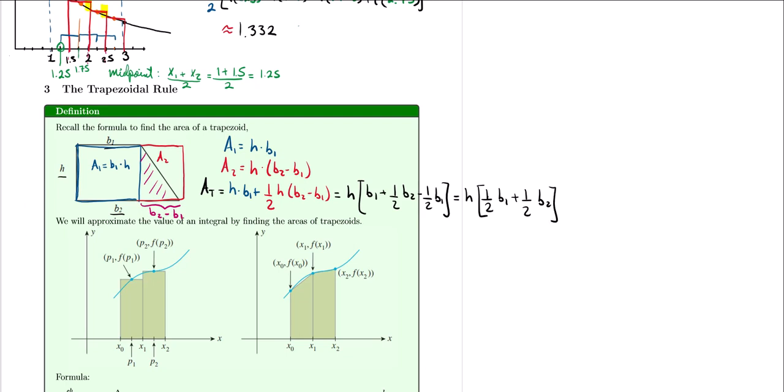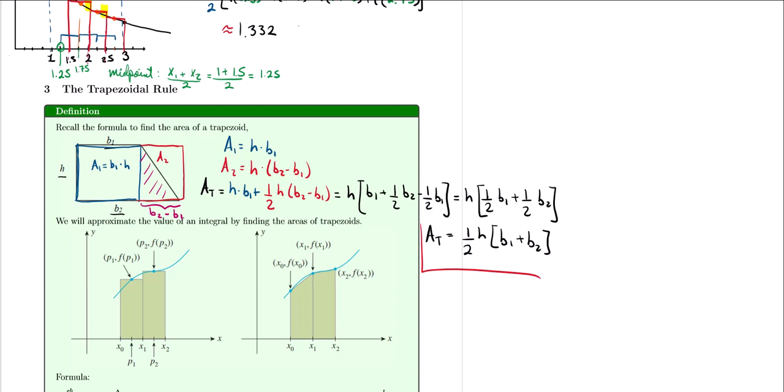So this one is now going to give us, I'll factor out a 1/2, so it's going to give us 1/2 h times (b1 plus b2). And there we go. This is the area of a trapezoid. It's essentially the height times the average of the bases. Alright, so this is the formula that we're going to be using.